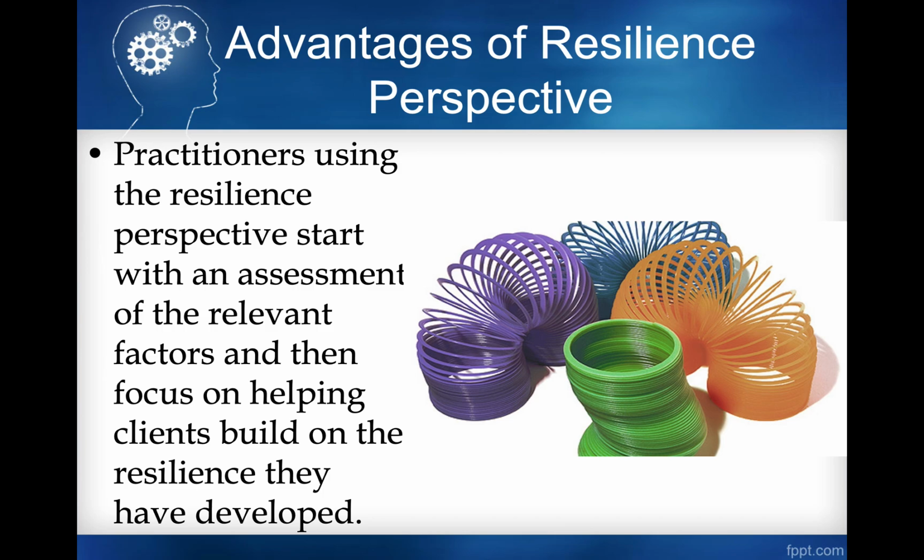Practitioners using the resilience perspective start with an assessment of the relevant factors and then focus on helping clients build on the resilience they have developed. And of course, we all have resilience to some extent. The only people that wouldn't have resilience would be people who were codependent, that didn't ever do anything on their own.